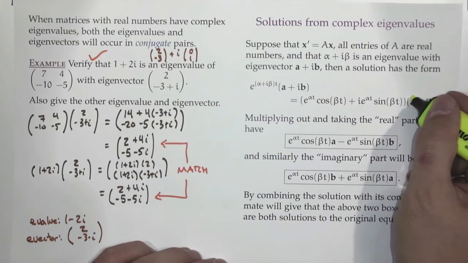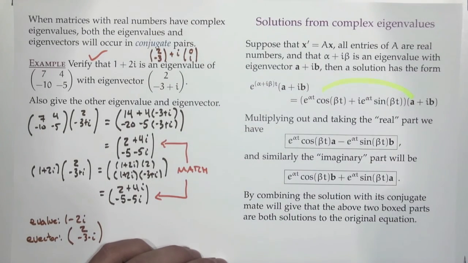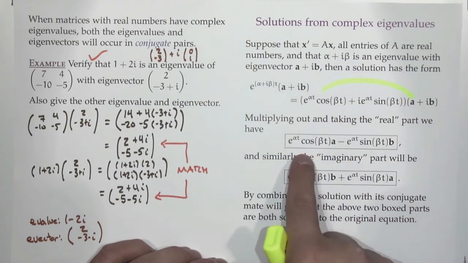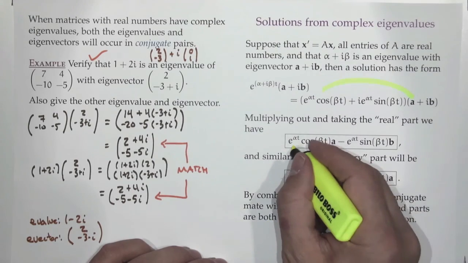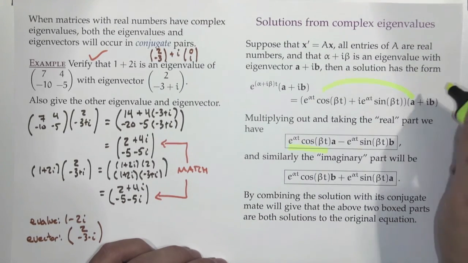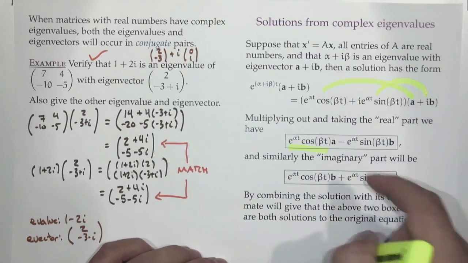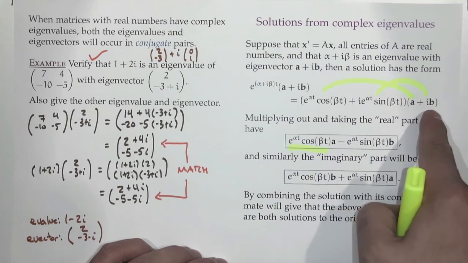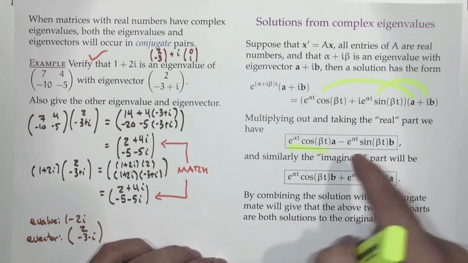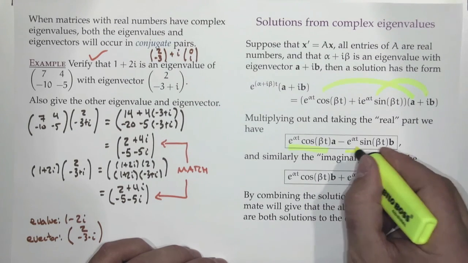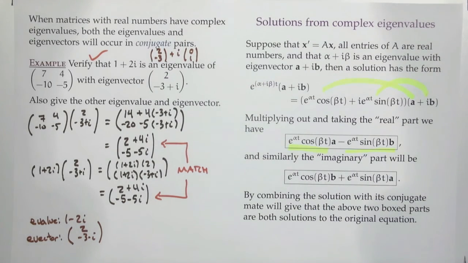So here, the a and the e to the alpha t cosine beta t. See, that's a real part, so that's this first piece here. And then you have the imaginary parts: e to the alpha t sine beta t times b. But there's also an i squared. That's where that minus comes from. So that's the real part if you multiply it all out.